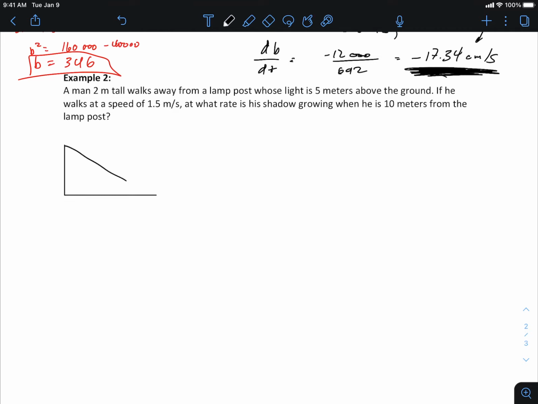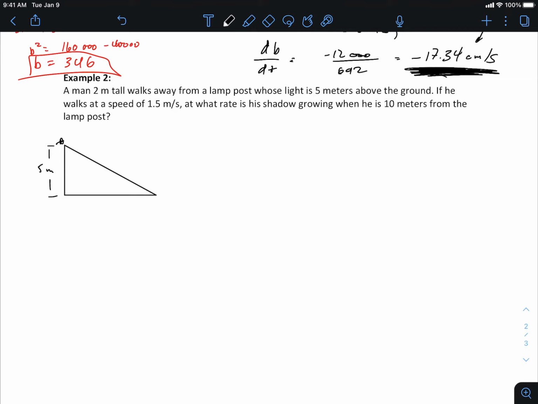We're going to have our lamp over here on the left. Nice picture. So here's our lamp. It gives off some light here. We know that the lamp is 5 meters above the ground, so from here to here is 5 meters.